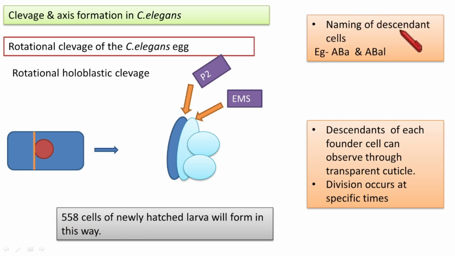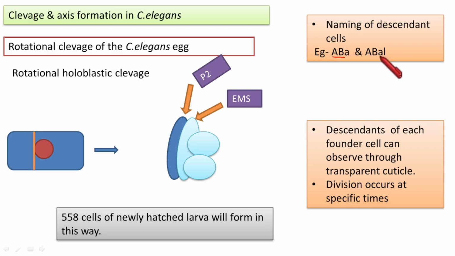And how are we naming the descendant cells? For example, I am showing the names of two cells, ABA. ABA means this is the cell formed as a division of this AB cell. As the AB cell divides, it gives rise to ABA. And ABAL.